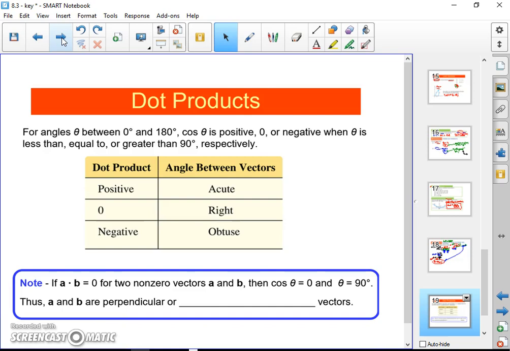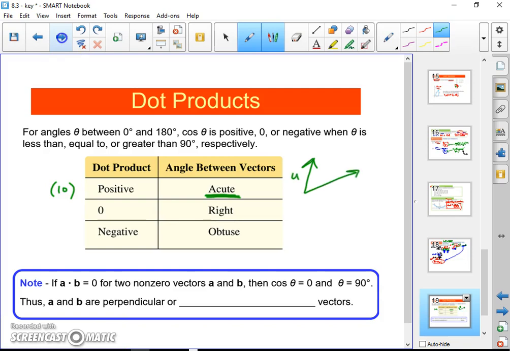So this chart kind of sums it up, and it says if that dot product is positive, like the number we just got, a positive 10, then we're talking about an acute angle between the vectors. And what I mean by that is, here's vector u, and here's vector v. This angle right here in between them is an acute angle.